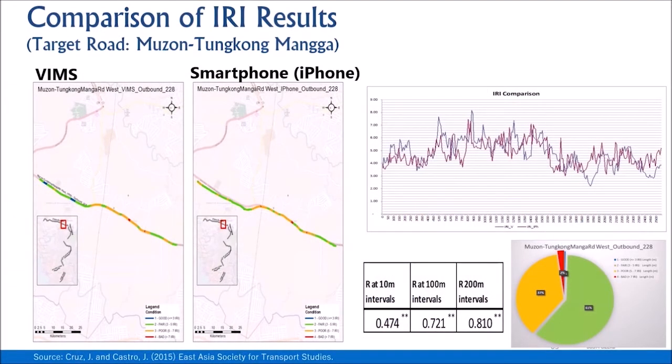Now this is for a target road using the VIMS and the smartphone. And as you can see, you have the comparison between the IRI and also comparable results of iPhone with VIMS with high R values.